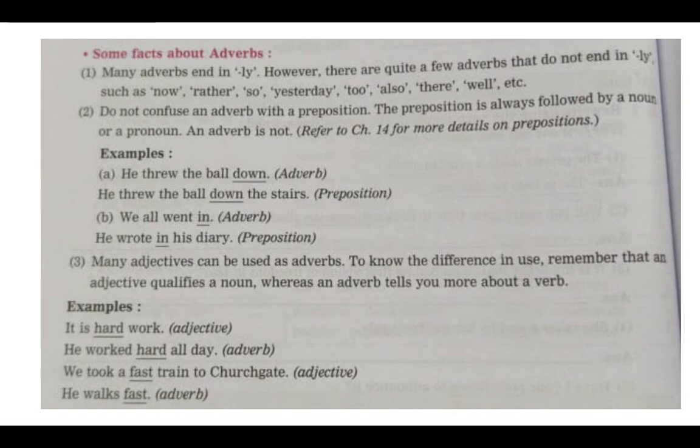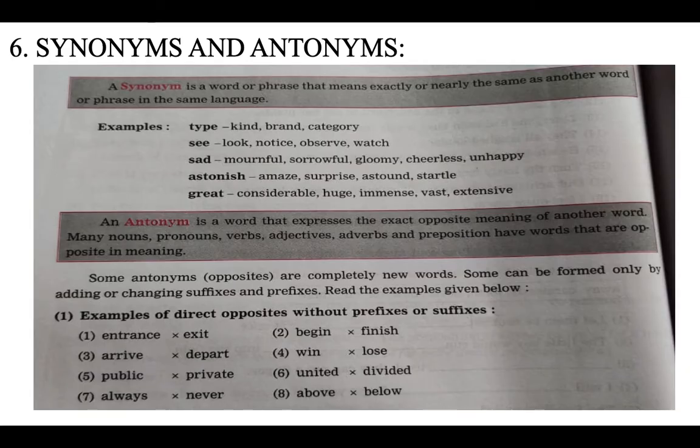But he worked hard all day. How did he work? It's telling you more about the verb, how he worked. Then you get the adverb hard. Do you understand? So you should not confuse an adverb with a preposition, and also remember how adjectives can be used as adverbs, depending on how they have been used in the sentence.